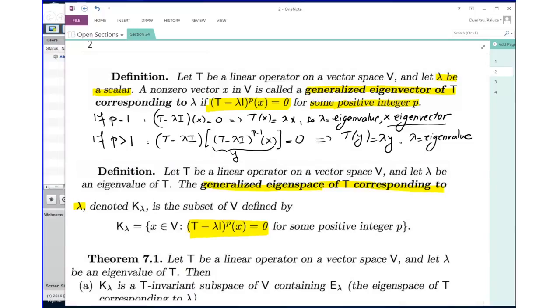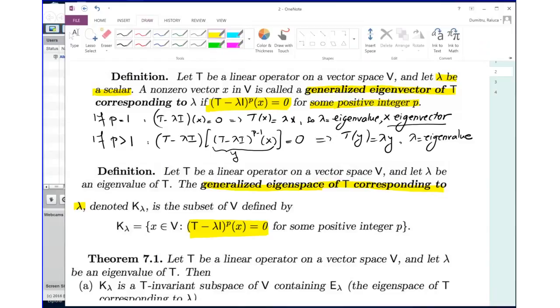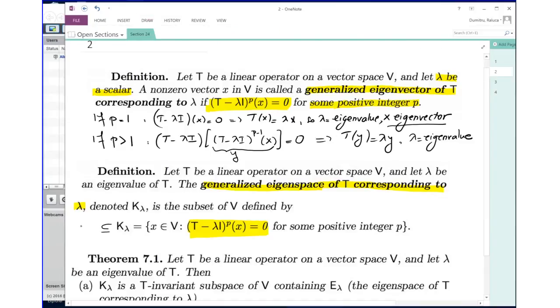In particular, for p equals 1, that would give you again the original eigenvectors, not the generalized ones. So in conclusion, what we called before E lambda was the eigenspace for lambda. The eigenspace is just a special case here: all those vectors in the eigenspace are obtained when p equals 1. But again, K lambda may contain more than that.